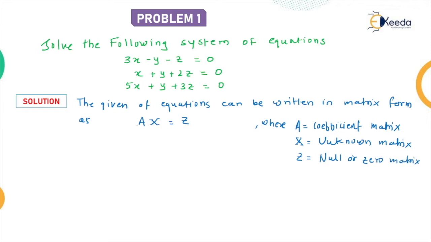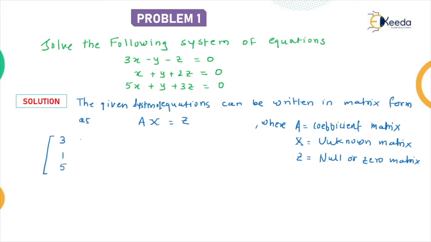So this is the matrix form of the above system. The given system of equations can be written in the matrix form as AX is equal to Z. Now, to see clearly the matrix form of this system, put the values of matrix A, matrix X and matrix Z. Matrix A is nothing but the coefficient matrix, so we write the coefficients of the equations column-wise: 3 1 5.